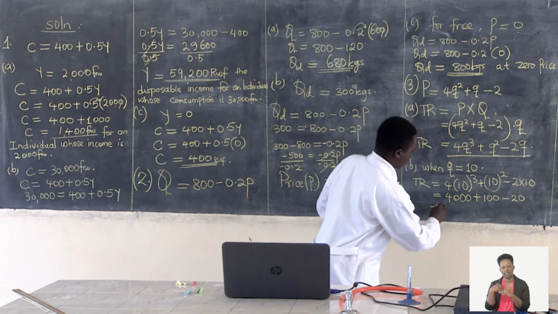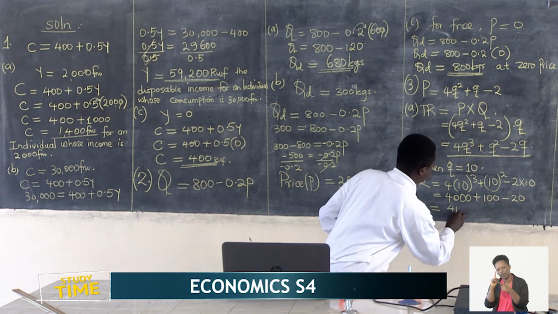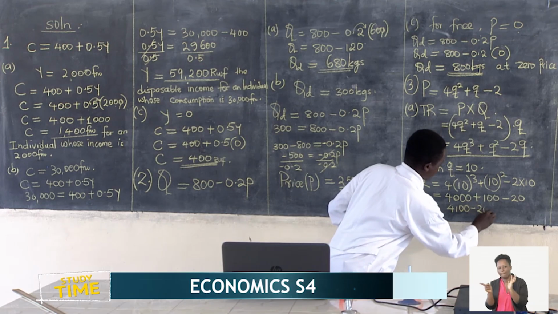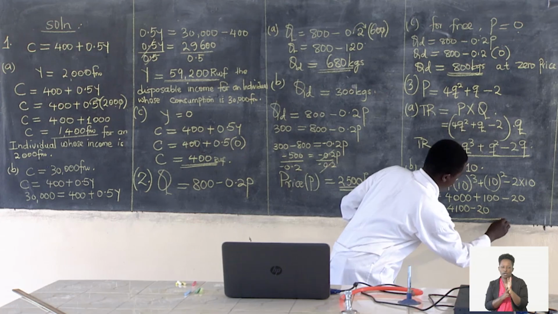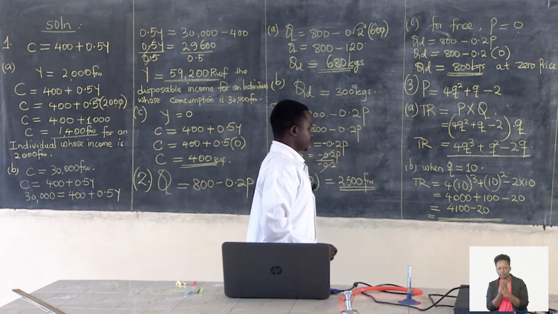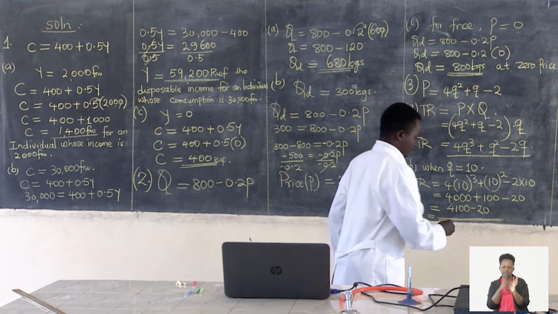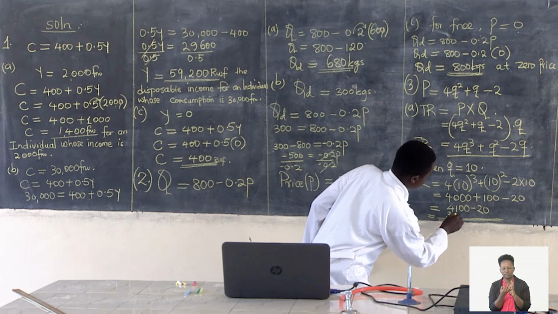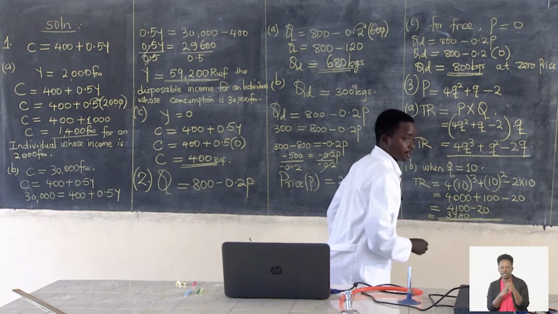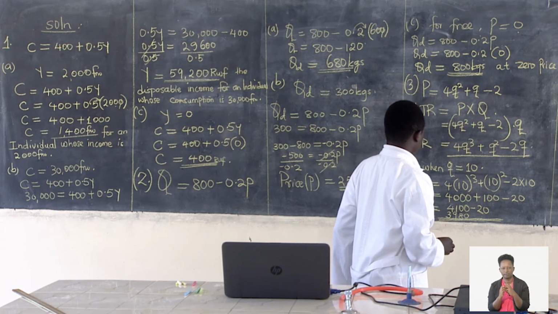So you can simplify this. If you get 4,000 plus that one, you get 4,100 minus 20. So what is the revenue here? You get 3,980.